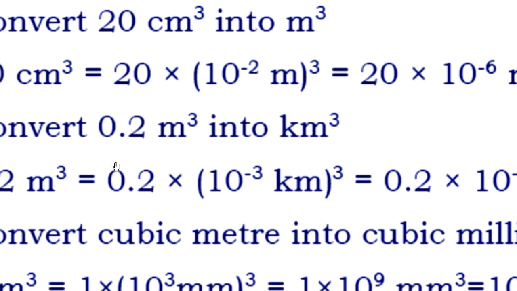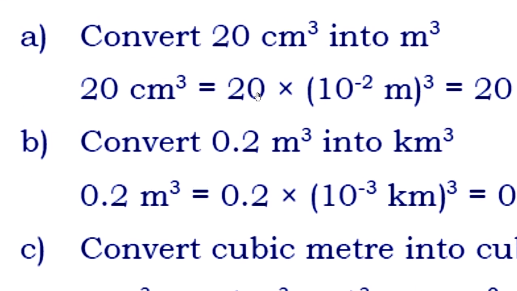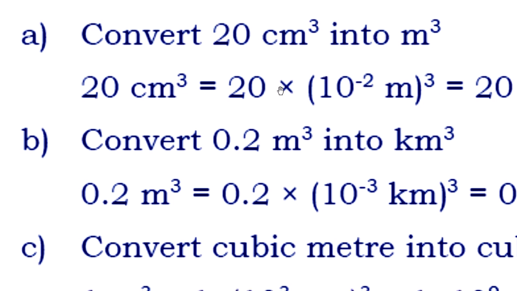We have 20 centimeter cube. We keep 20 as it is, in the place of centi we keep 10 power minus 2, and meter stays meter. Since we have centimeter cube, we write 10 power minus 2 meter, whole cube.